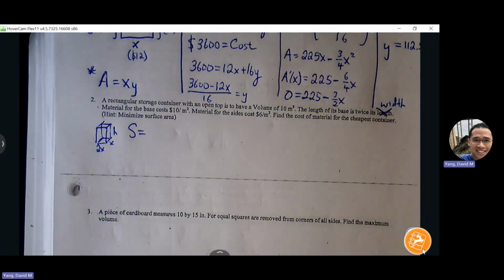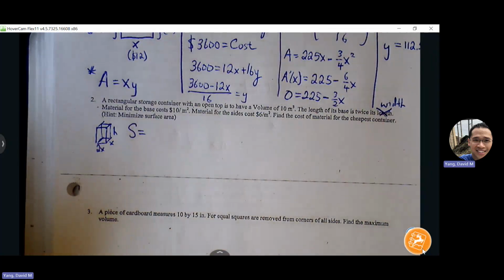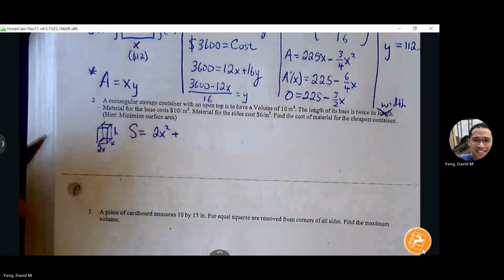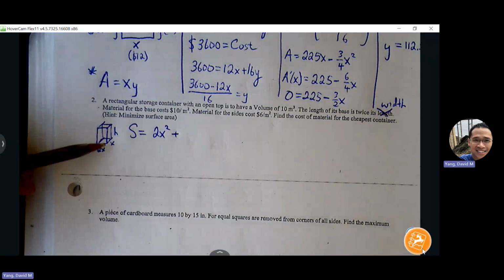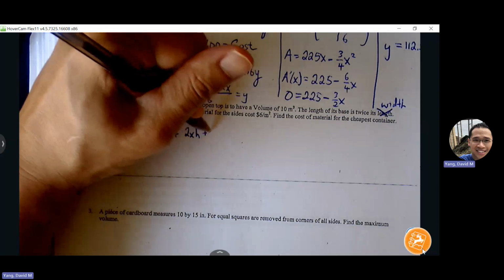This is an open top. Okay, open top. What's the base area? 2x squared. And what's the front face here? What's the area of that one? 2x times h. There's also one on the back.